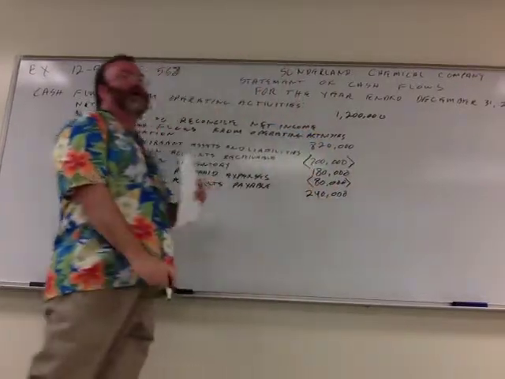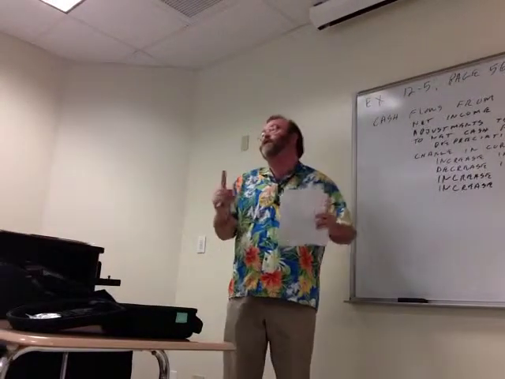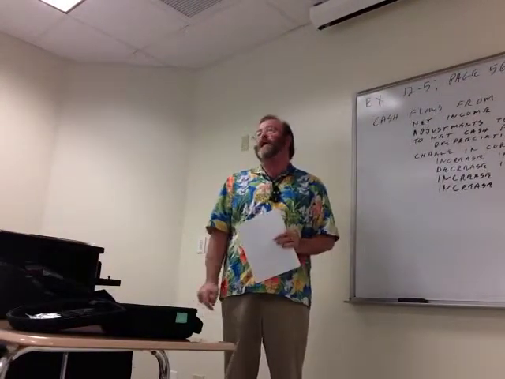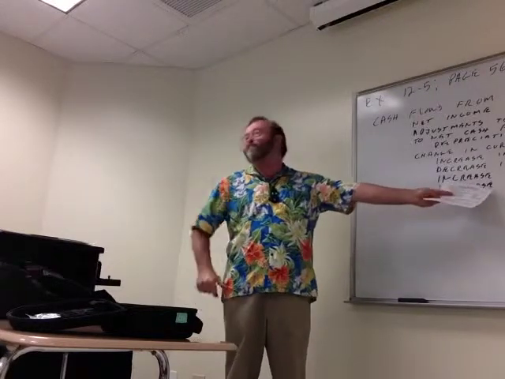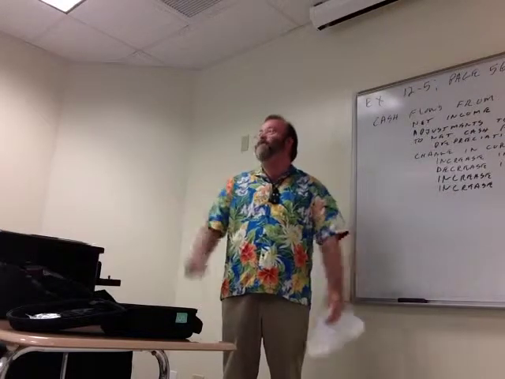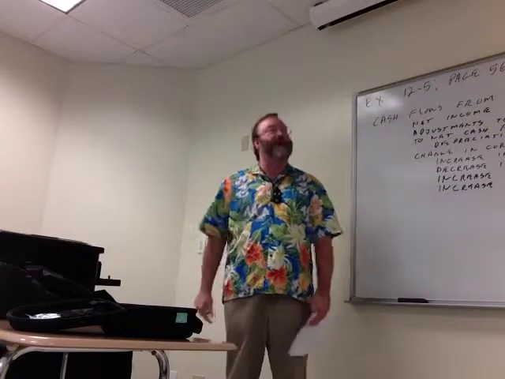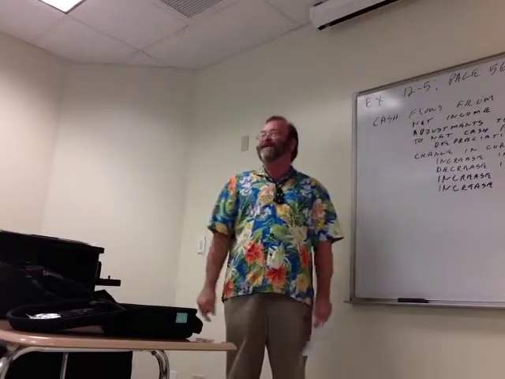How does that affect cash? Cash goes up. There is a direct relationship between current liabilities and cash. We have not been paying our vendors. If you don't pay your bills, you get to save cash. It's simple, right?